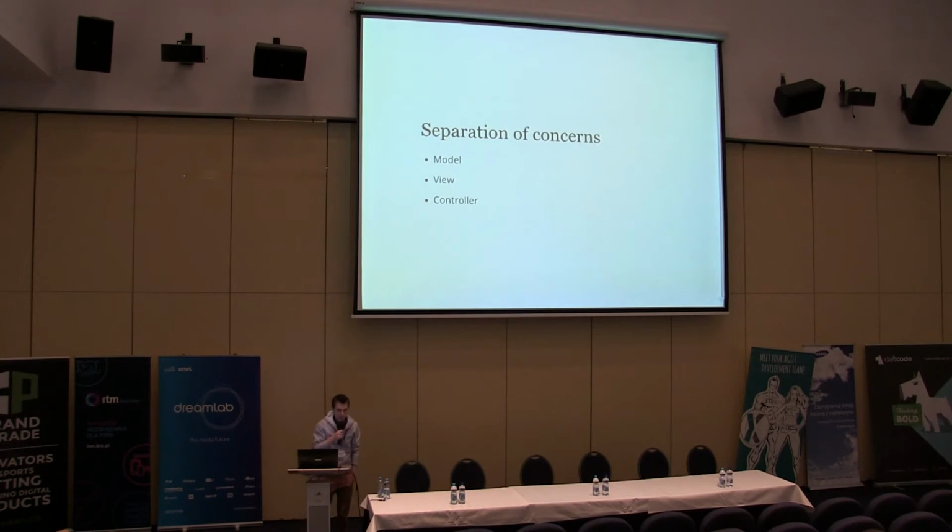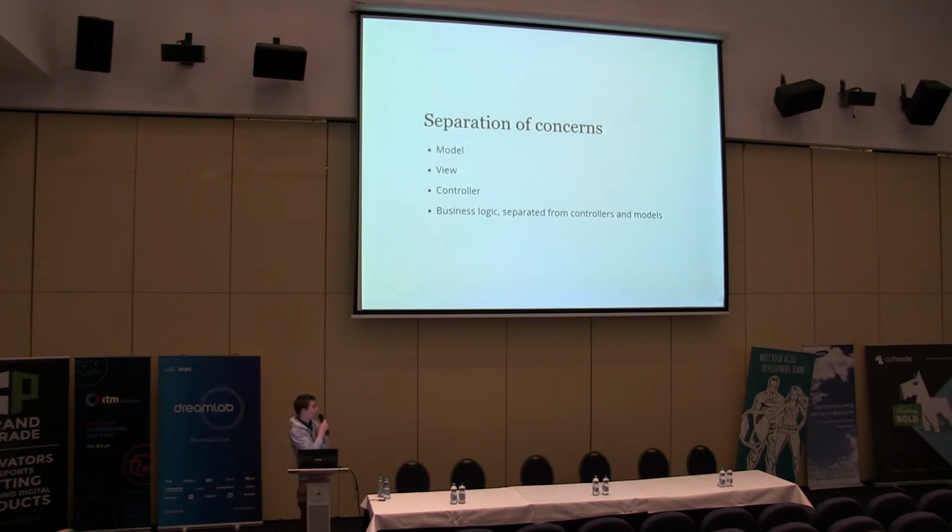So apart from the model, view, and controller, there's another layer. It's business logic. So now controllers only accept an HTTP request, for example, get some data from it, like GET or POST data, and pass it to a business layer. And all the logic happens in the business layer, and finally the control goes back to the controller, where an HTTP response is prepared and returned.